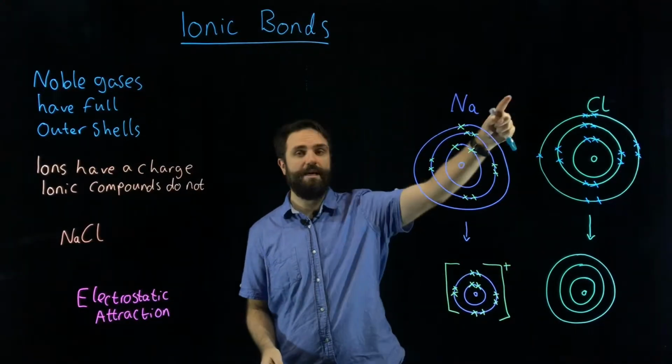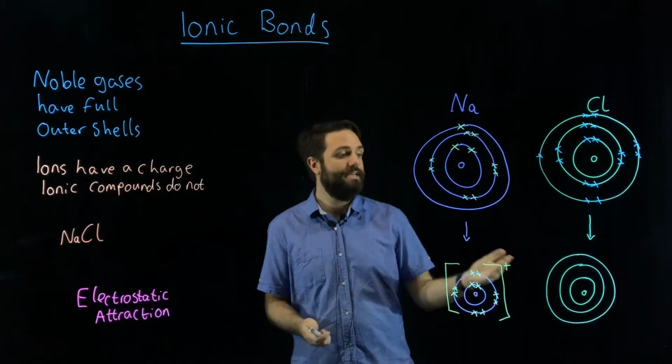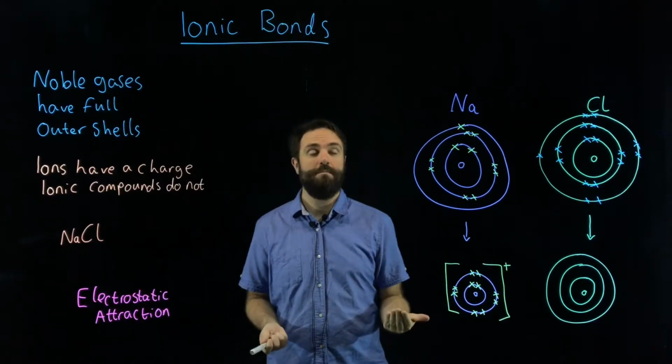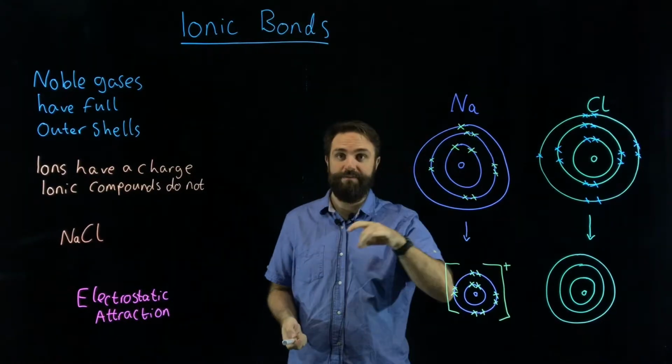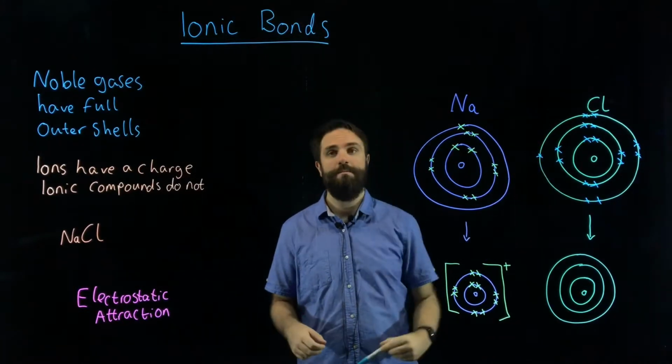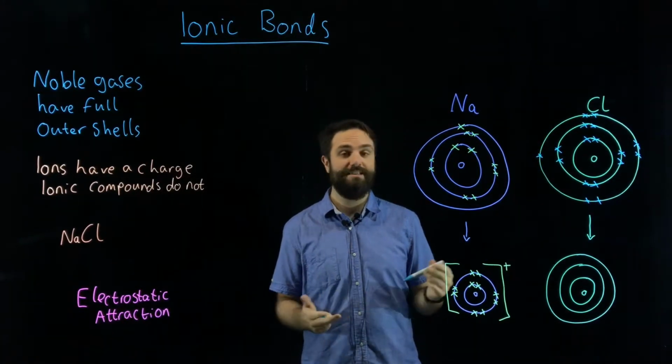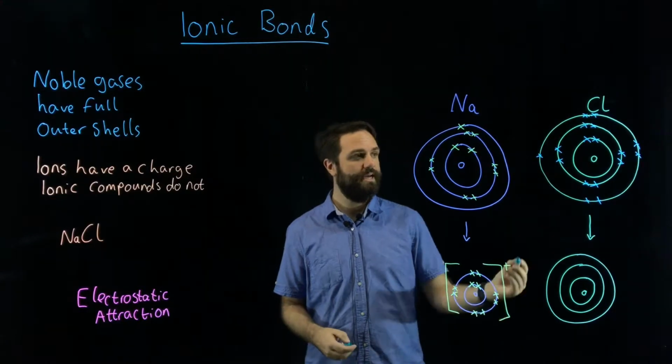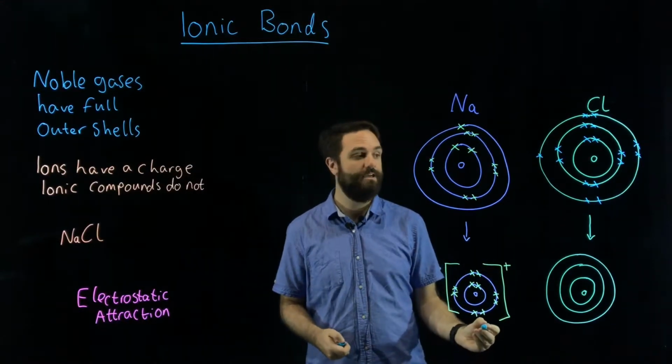The chlorine has a different problem. It's got 7 electrons in its outer shell. It wants 8. It could kick out all 7 of those electrons, just like sodium did, and have this one be its outer shell, but that would take a lot of energy. Instead, what it does is it gains an electron.